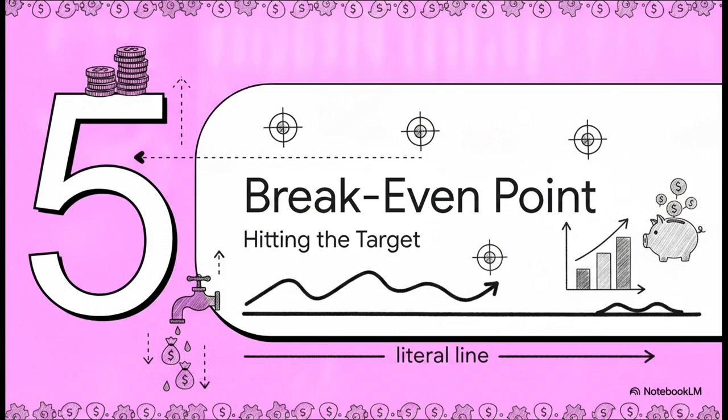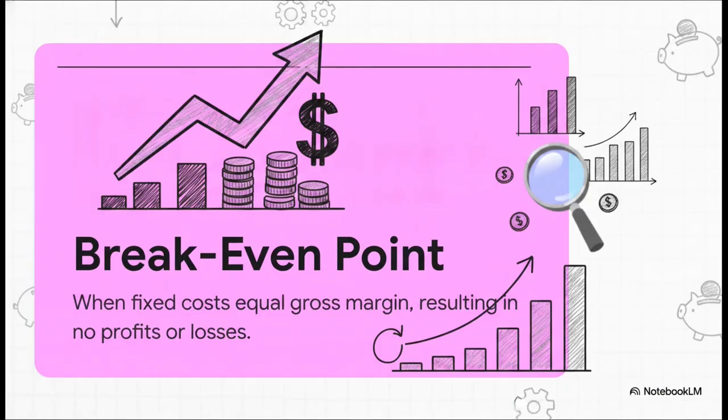Section 5. Hitting the break-even point. All right, this brings us to our final and honestly most high-stakes concept. This is the literal dividing line between a business thriving or silently bleeding cash, the break-even point. Before a business can make a single dollar of net profit, it absolutely must sell enough units to completely neutralize its baseline fixed costs.